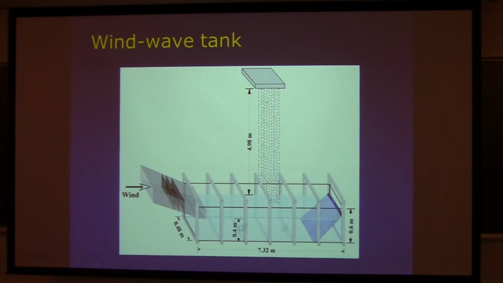While this tank is much smaller and will produce shorter fetch-limited waves, the advantage of this tank is that it provided a nearly 5-meter fall height for the rain, allowed us to get to 90% terminal velocity, and was completely composed of plexiglass. The main facility had a steel bottom and would not allow for the use of salt water. The plexiglass tank allowed for the use of salt water.